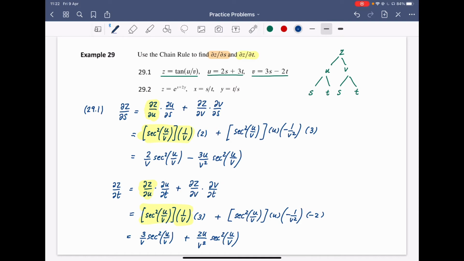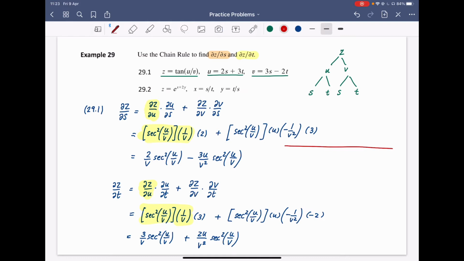I'm going to skip question 29.2 here, because you can do the same thing as question 29.1, but I will give you the answer. If you don't get the same answer as I show you in the clip here, you can email me for more help.